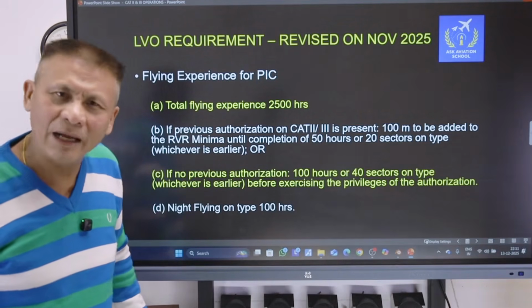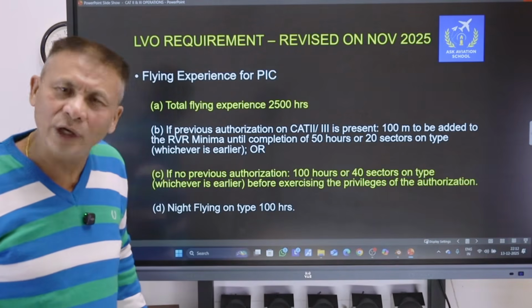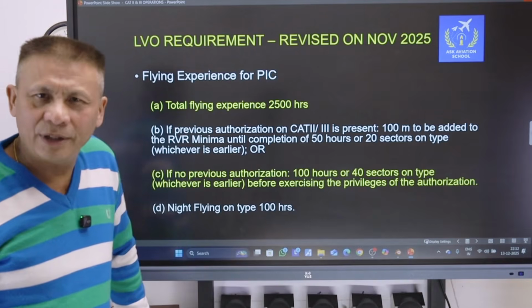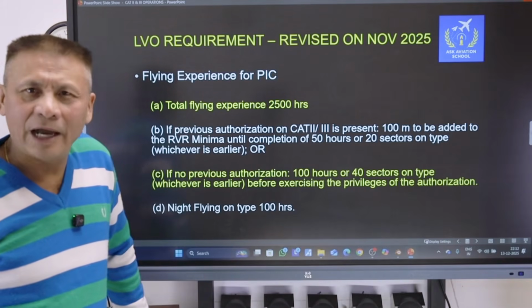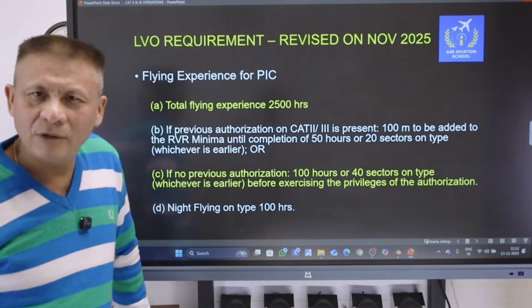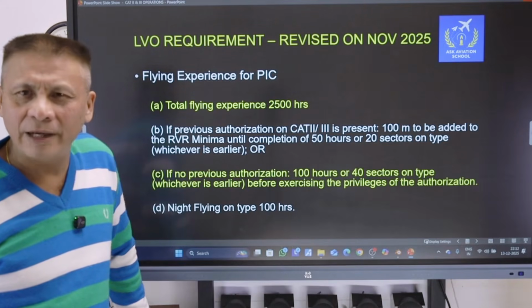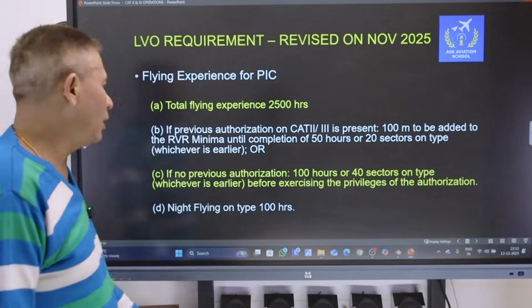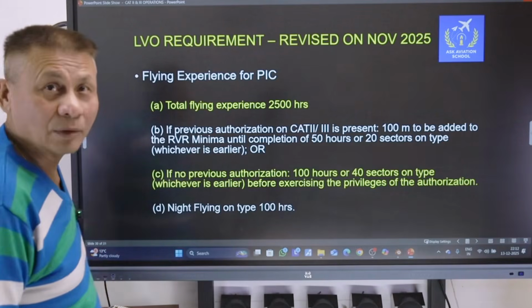If you do not have any experience for category 2 and 3, then this additional 100 meters should be added until you complete 100 hours or 40 sectors on that particular type. You must also have 100 hours of night flying on that particular type.